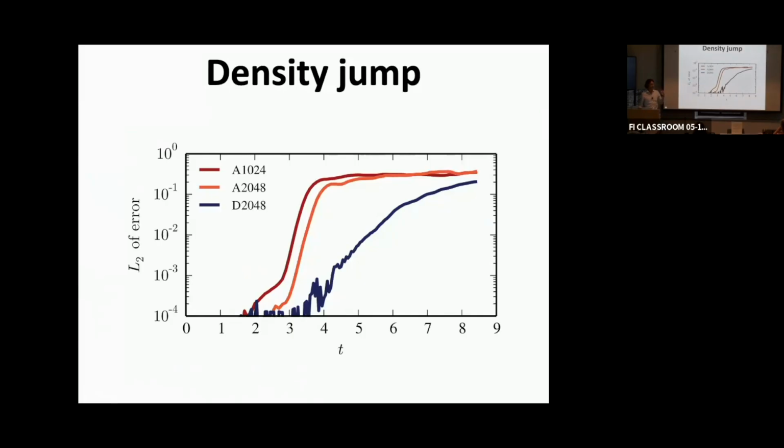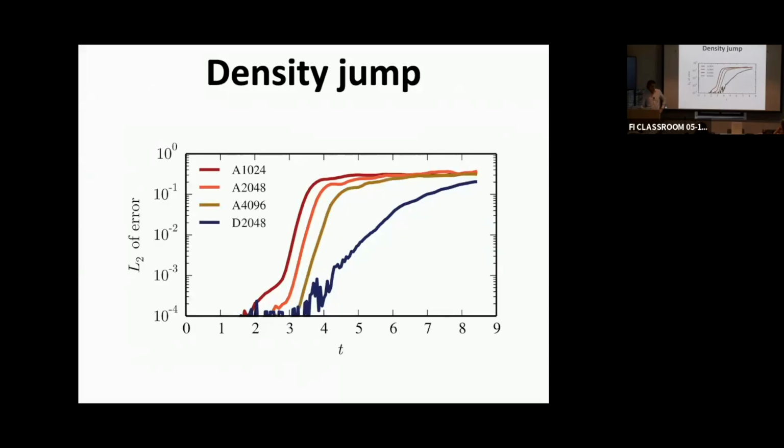The thing that's seeding this instability, these numerical errors, is probably the reconstruction. We're using the PPM method, which is third order. Overall, the Athena calculation is second order, but the thing that's seeding this instability is a third order effect.